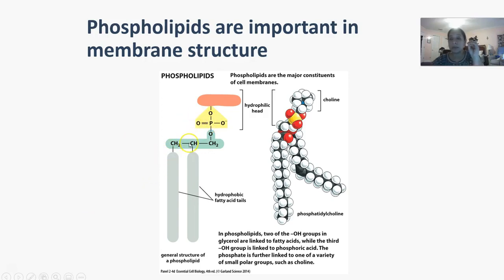So they are phospholipids because they have that phosphate group that is attached to these hydrophobic fatty acid tails. This hydrophilic head, this phosphate, can further be changed by adding a choline group to it as well, in which case it is a phosphatidylcholine. But in a typical membrane, the main component is going to be the phospholipids that are there. You can also have other polar groups attached to it as well.